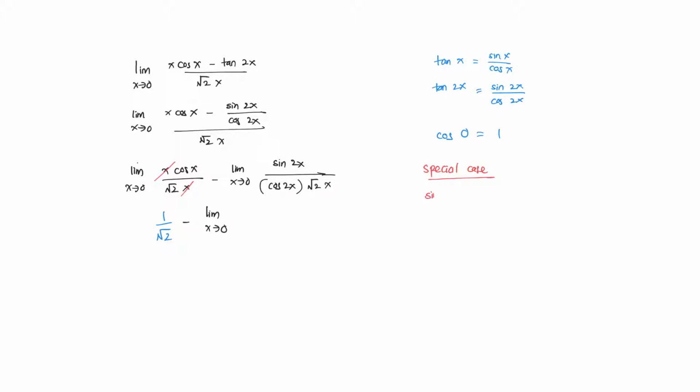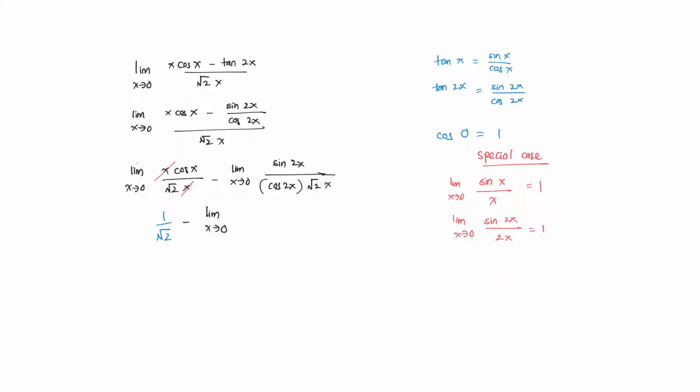We are going to apply a special case for sine: if we have sine x over x as x approaches 0, it will become 1. The same goes if we have sine 2x over 2x, it will also become 1. So that is the special case for sine.